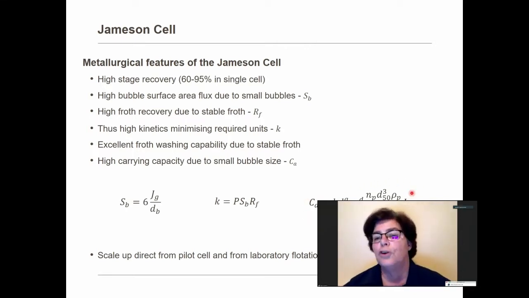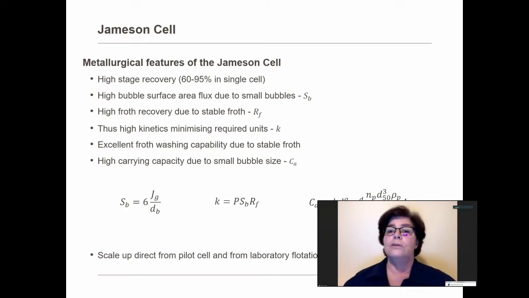It's got lots of terms in it, but what I want to draw your attention to is that at a given gas rate, particle size and density, the carrying capacity is improved over other technologies simply once again through small bubble size, which is on the denominator. So that's why Jameson cells have exceptionally high carrying capacity, and we can design very high concentrate loadings, and thus more concentrate is produced per square metre of flotation surface area.